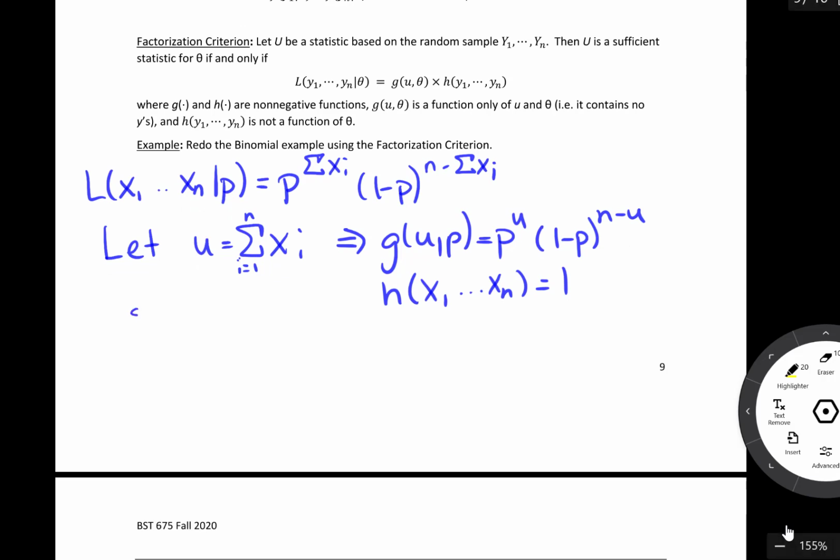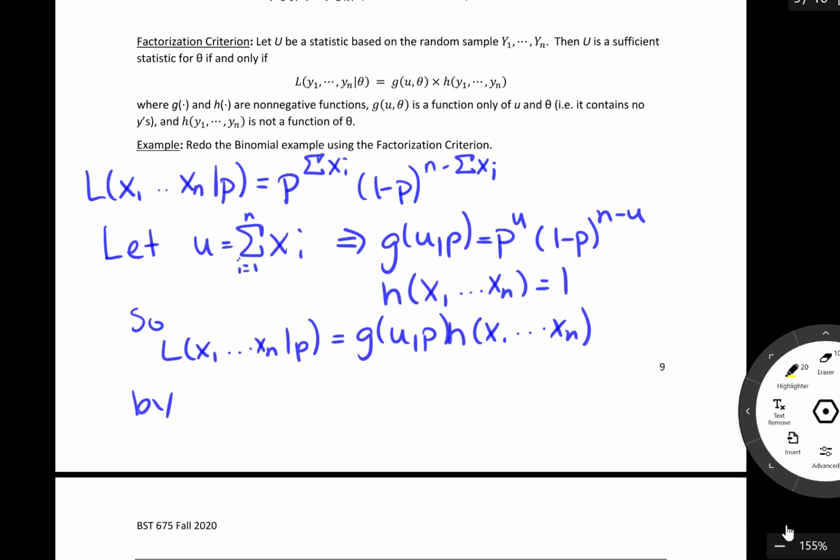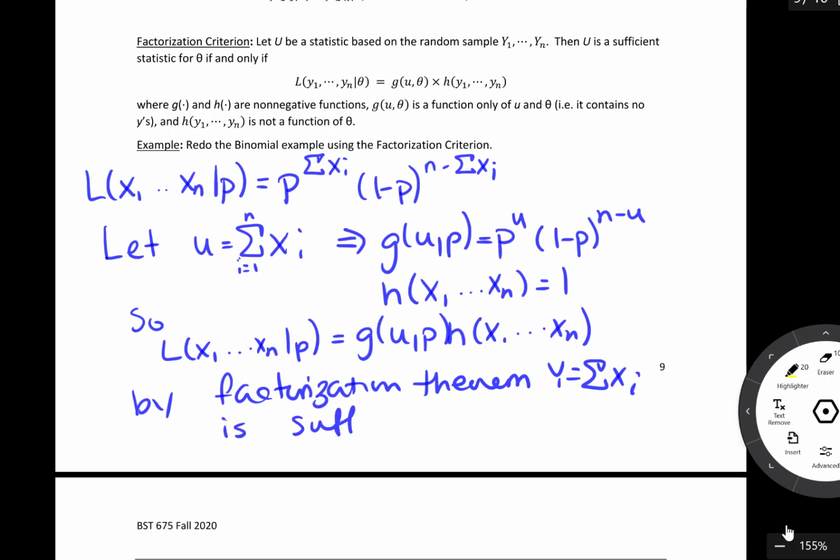So notice that the likelihood here is equal to g of u, p times h of x1 through xn. So by the factorization theorem, Y, which is equal to the sum of the xi, is sufficient for p.